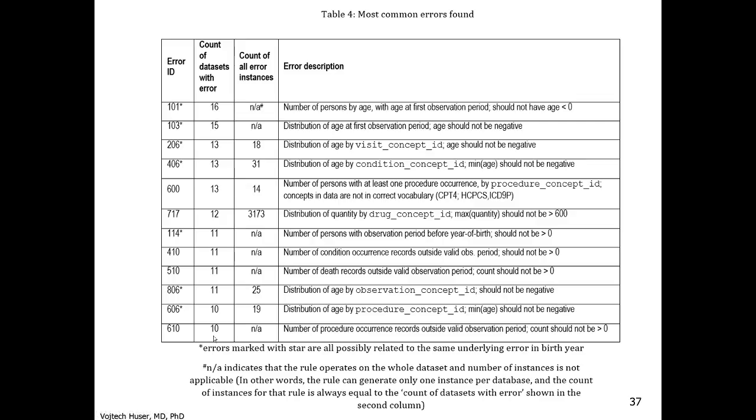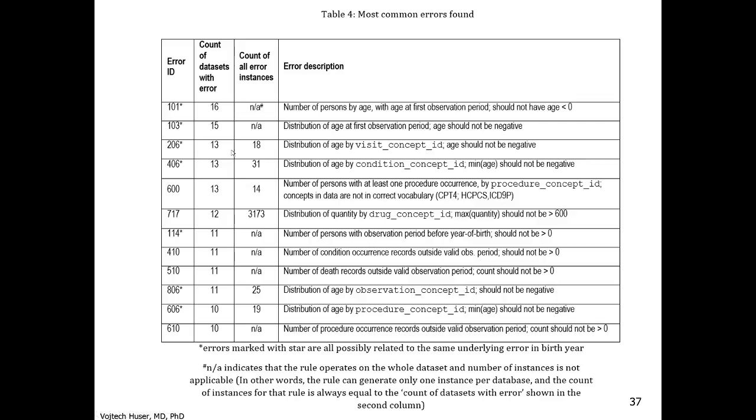Some of them are all related to the same underlying problem with possibly incorrect date of birth. And some rules operate on a principle that they always have the same number of instances as there are data sets. It's basically going to output one error row.